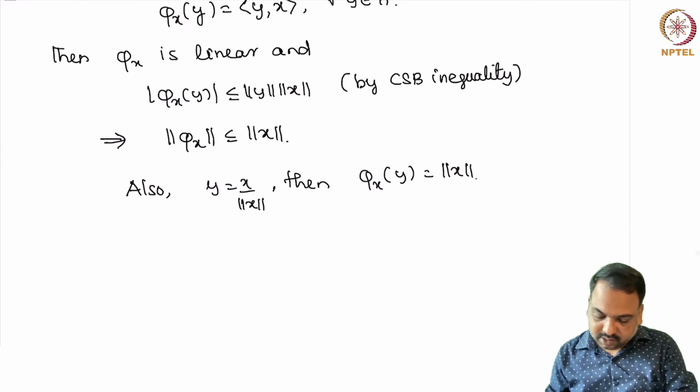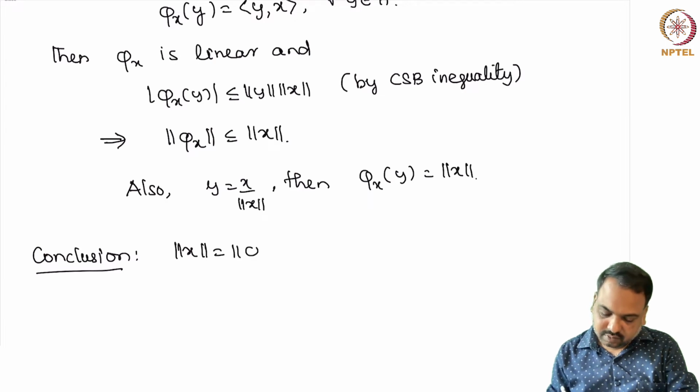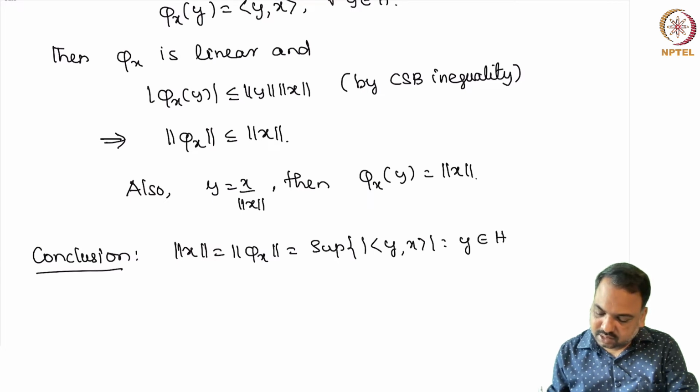So the conclusion is the following: the norm of x is nothing but the norm of phi_x, which is the supremum of the modulus of the inner product of y with x, where y is coming from H and y non-zero. Here we can actually take norm y equal to 1.